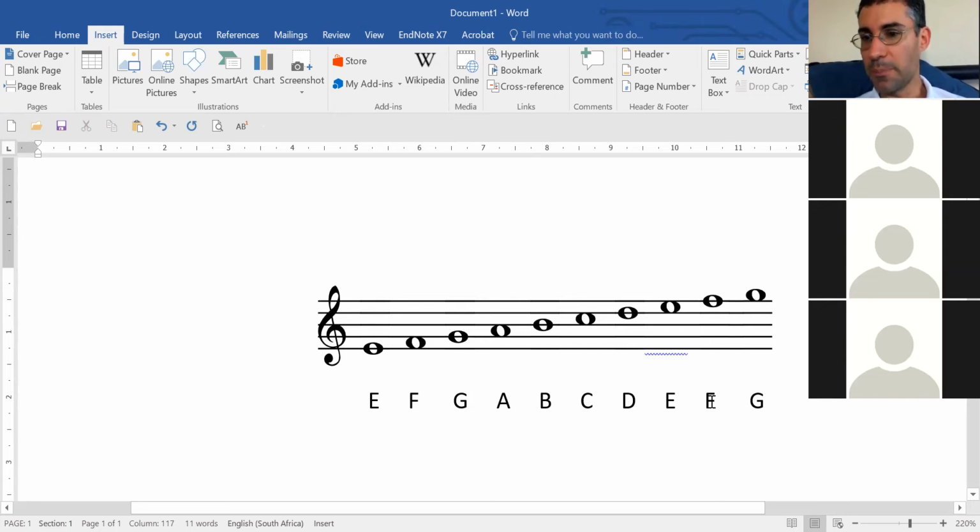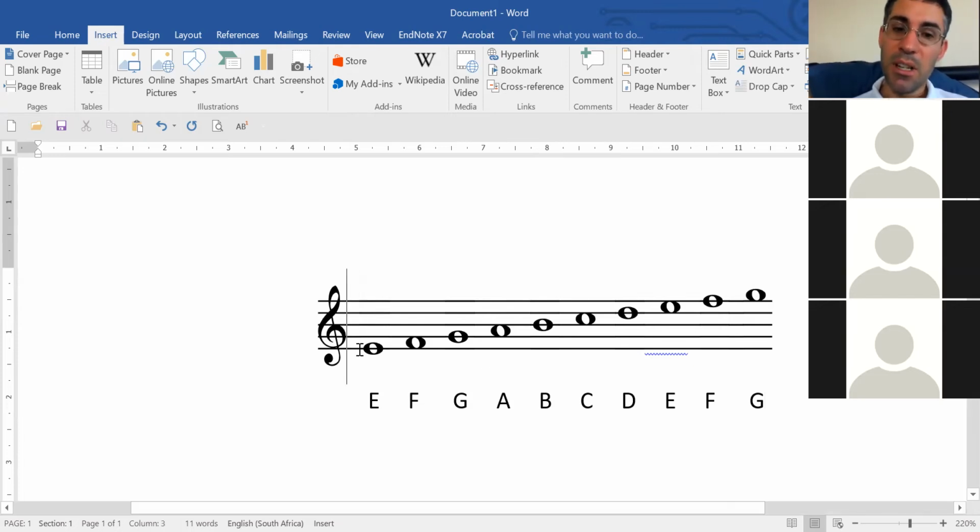Up the alphabet. So if we go one note up, then this one must be a G. That's also a space. Do you see that? There's no line going through it. Can you see there's no line? Yes. Okay, so that's what I mean by the space above the line. Does it make sense? Yes, it makes sense.